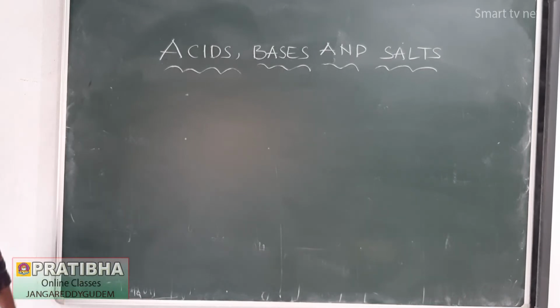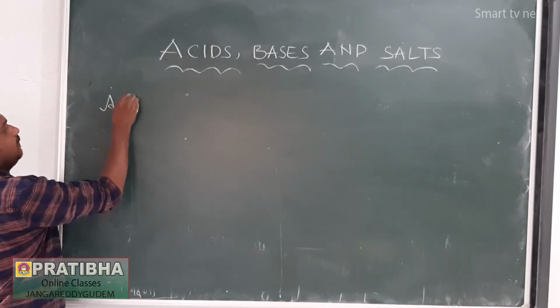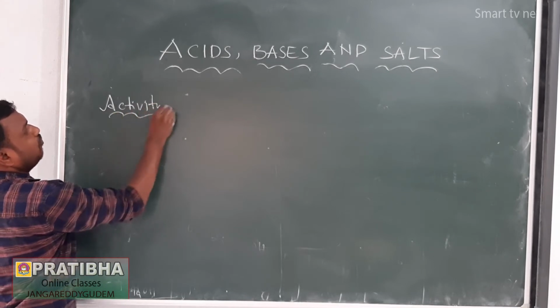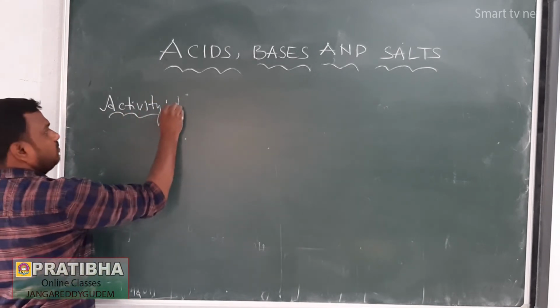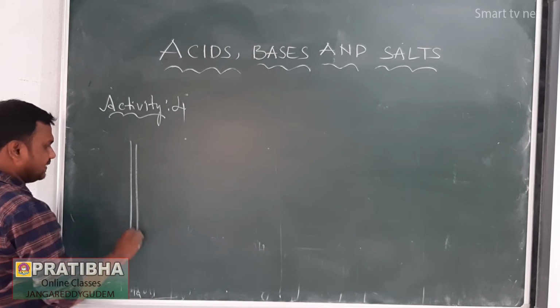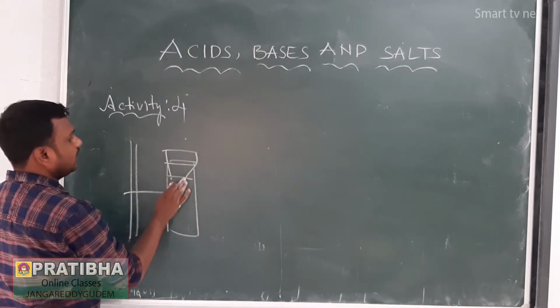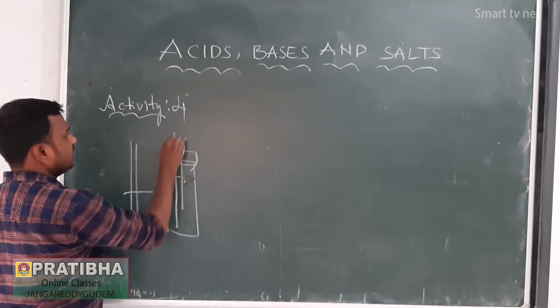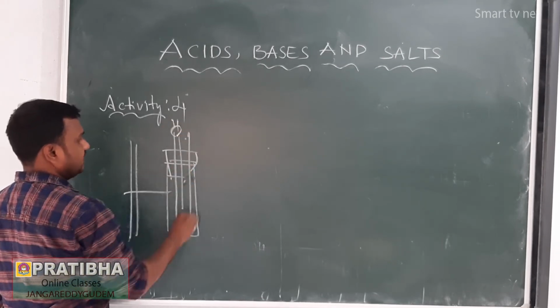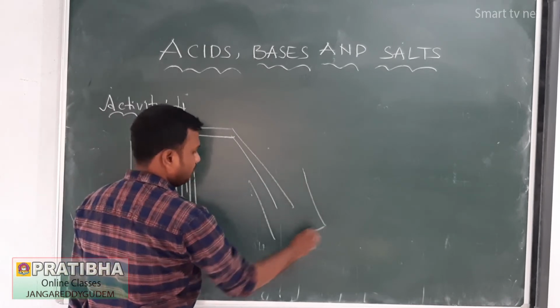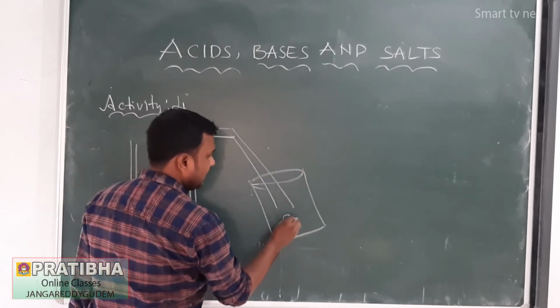Next, activity number 4. Apparatus like this, we can get a 2 hole rubber stopper. One is a thistle funnel and the second one a delivery tube, and it is passed through the Ca(OH)2 solution.